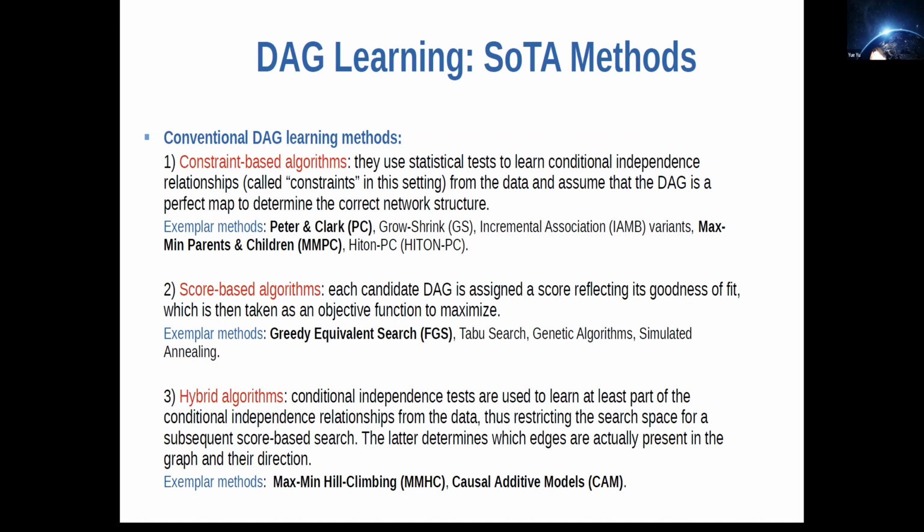The third type of method is the hybrid algorithm, which just tries to combine the two above. For example, one can use the constraint-based algorithm to identify some edges and remove others, which reduces the searching space.